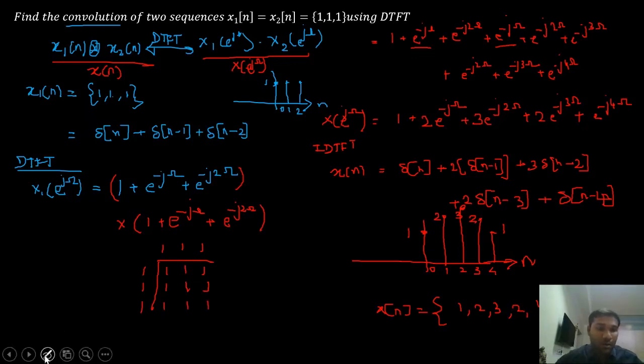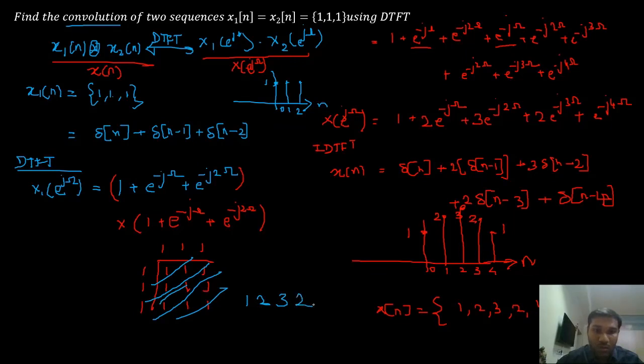I'll draw the lines like this and then add. The first term is 1, the second term is 2, the third term is 3, and then I have 2, and then finally I have 1. That is my final answer. So this is for verification, whether what we have done is right or not.